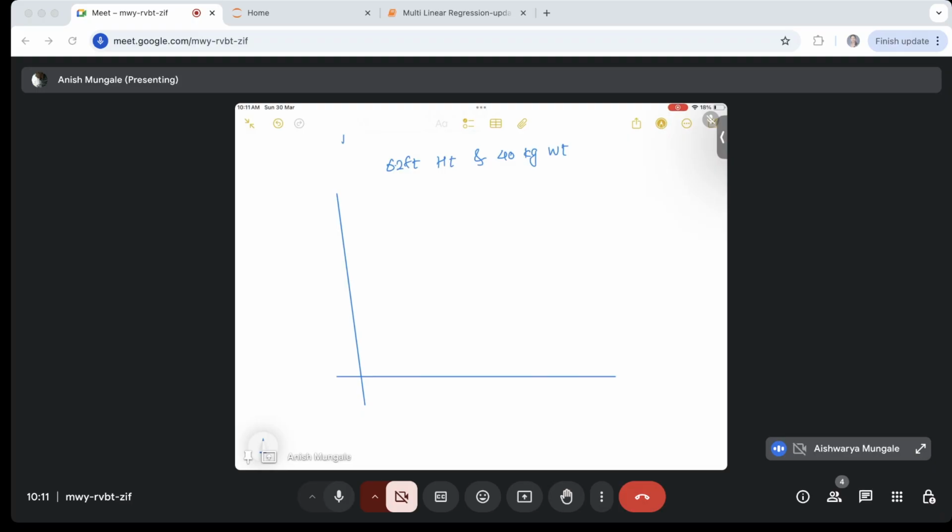Let's say this is our data, and I fit the line like this.